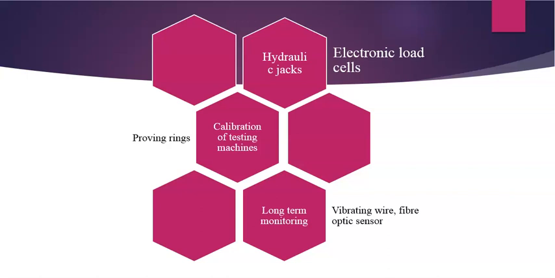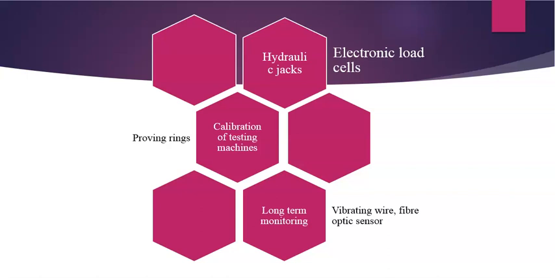Then calibration of the testing machines. All the proving rings are calibrated against the known standards in accordance with the American Society for Testing and Materials specification, which is known as ASTM.